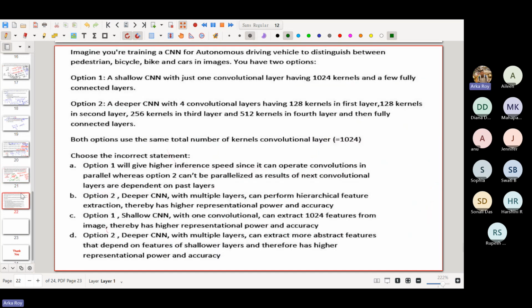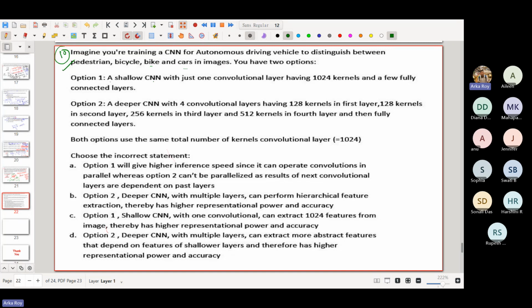So this is the last question, the 10th question. The question is: imagine you are training a CNN for an autonomous driving vehicle to distinguish between pedestrian, bicycle, bike, and car images. You have two options.